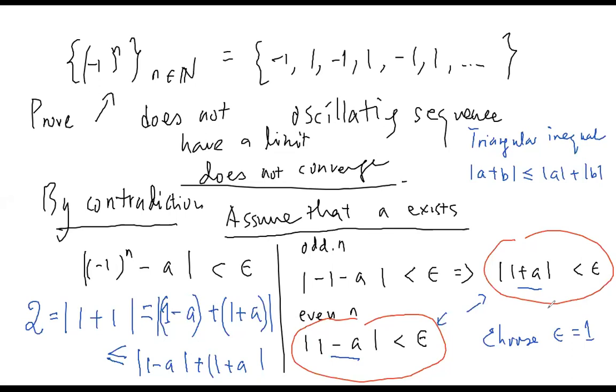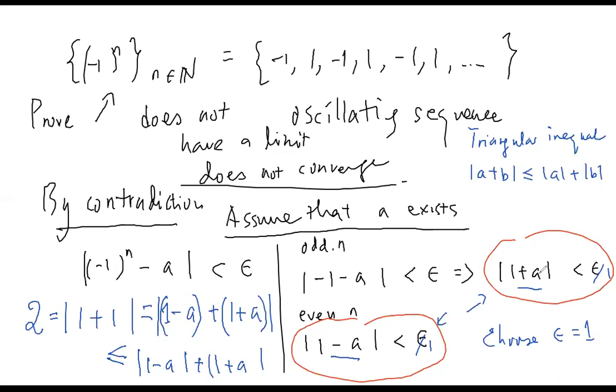So for this purpose, you choose epsilon equals to 1. So this becomes 1. Because if the limit exists, it should hold for all possible epsilon. Therefore, if you can show even one case where this is not true, then you establish your contradiction.